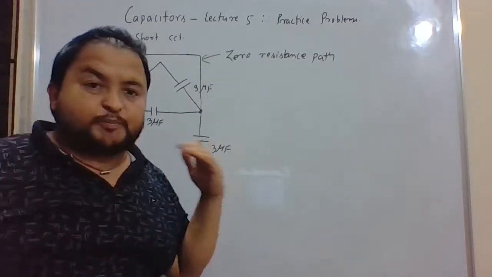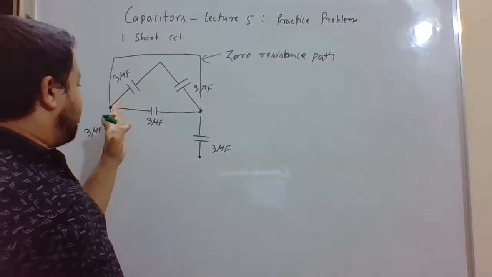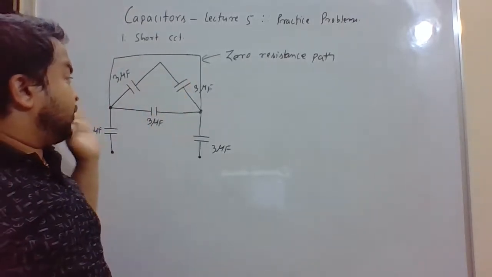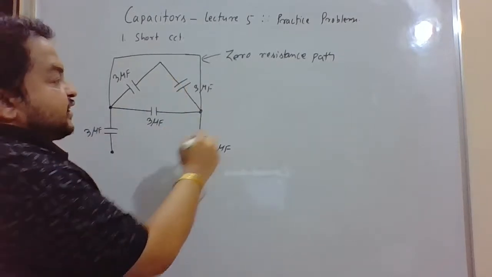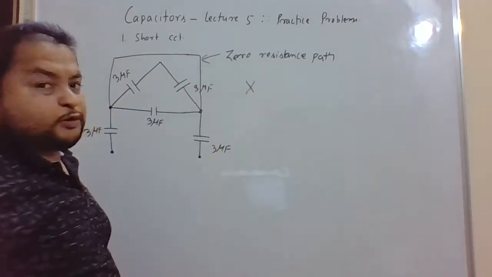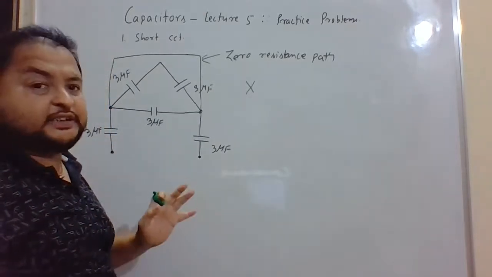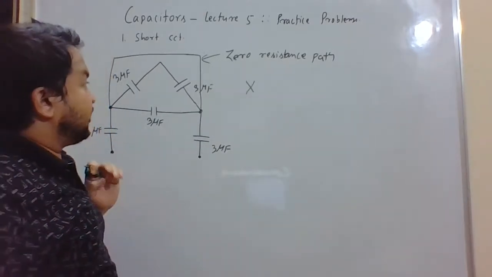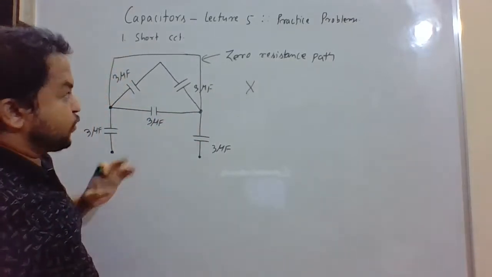We have studied in our previous lecture also that if a limb in a circuit is short circuited, that portion does not contribute to the effective capacitance or resistance or inductance in an electrical circuit, which means those things can be safely removed.